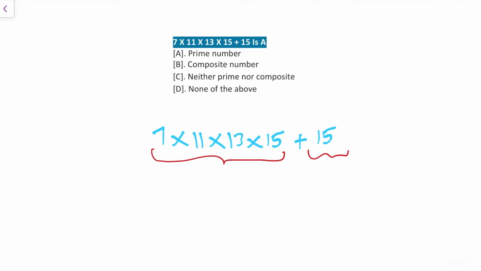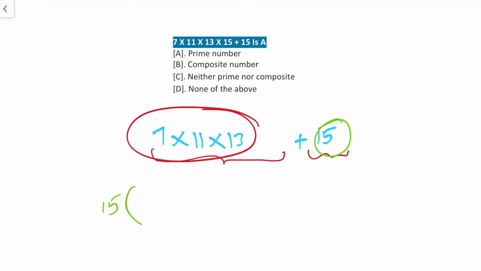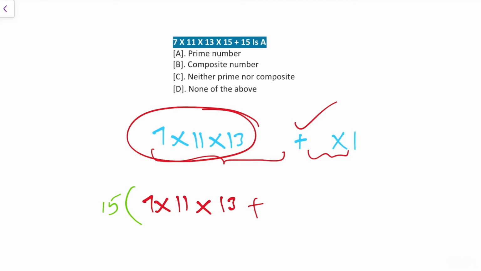Now in these two terms we have the number 15 common, so I will take out that 15. If I take that 15 outside, then I remain with these three numbers, so I write 7 into 11 into 13. The plus symbol stays as it is. From the second term, I already took 15 common, so nothing is there, and whenever we have nothing, it always remains 1.